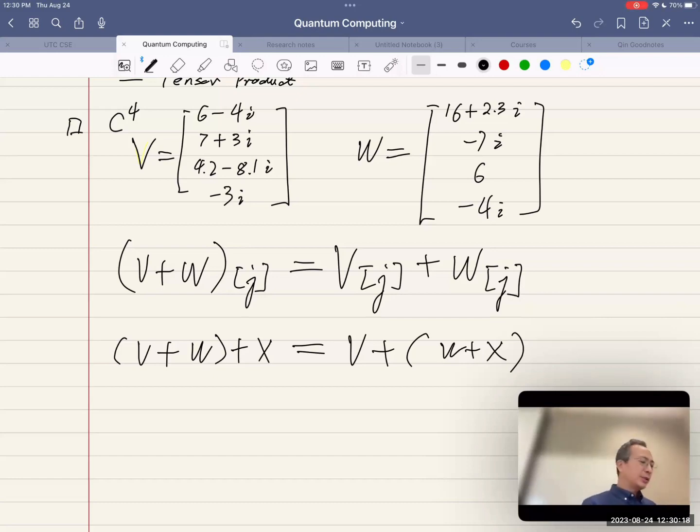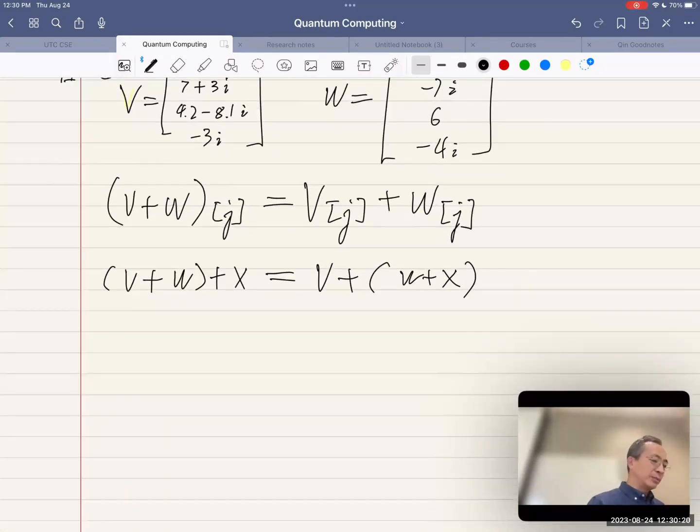And there's actually another definition. It's a bit confusing at first, but you have to keep in mind this is a definition of the vector. The other definition is called the additive inverse of a vector.